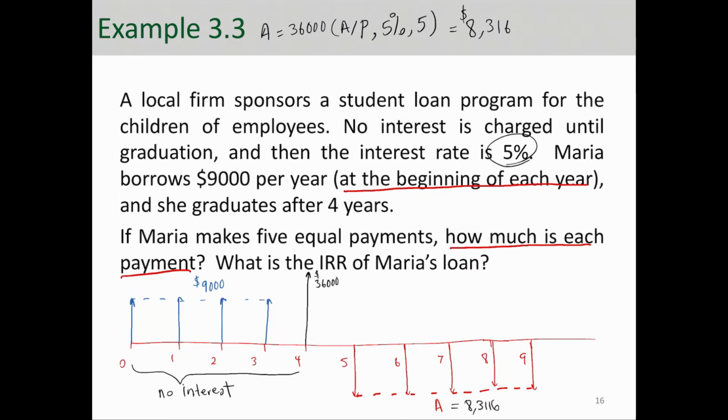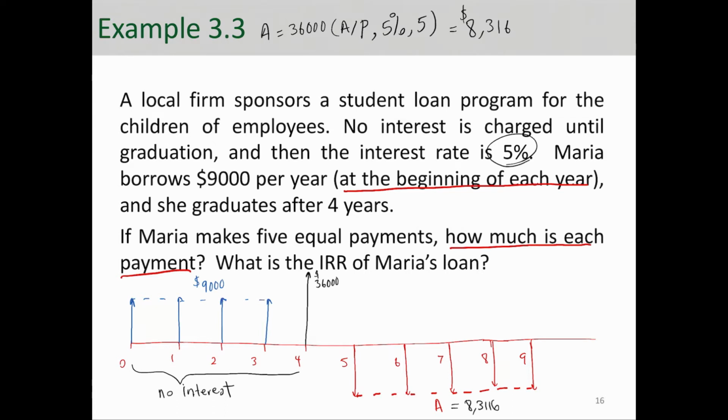Now, in order to calculate the IRR of this loan, we have to consider the entire cash flow here, right? There is no interest during the first 4 years, but there's 5% interest in the last 5 years. So overall, through the entire 9 years, what is the IRR of this project?